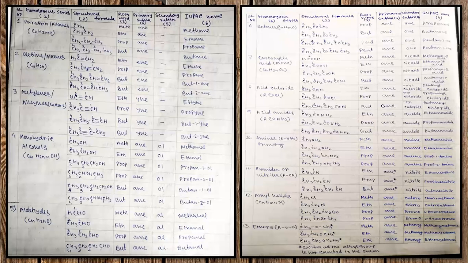Okay, so if you notice that the alcohol group is present on the first carbon atom from the right side or from the left side, then you have to identify that the left side carbon atom is counted as number one, and if the alcohol group is present at the last left carbon atom, then you have to start the numbering from the last left carbon atom as one. So then it's just propanol.